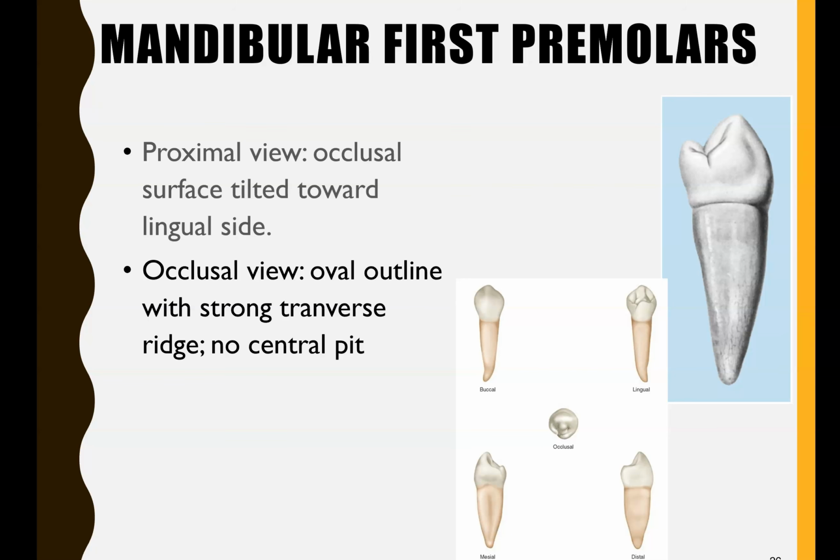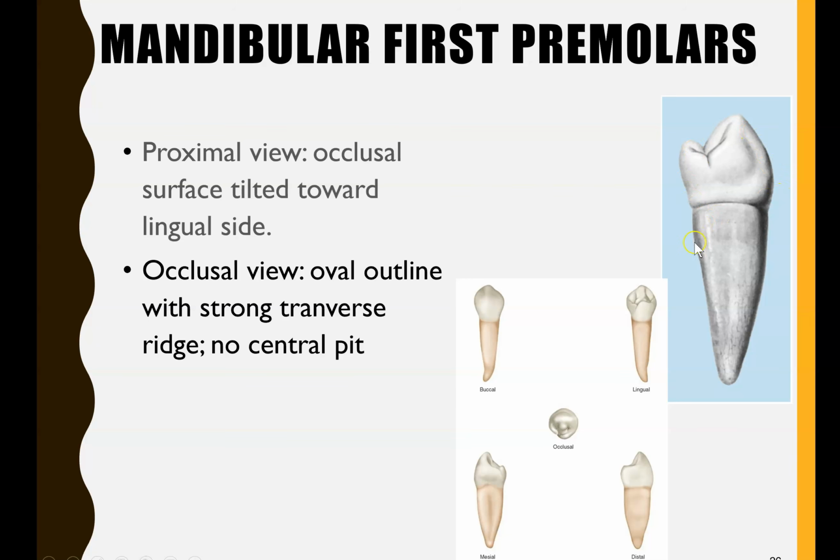When we look at the mandibular first premolar, so we're looking at the bottom now, we can see here that we have a higher buccal cusp and a lower lingual cusp. Another thing to note is that when you look at the buccal side, do you see how it rounds out, like it has a rounded shape over here? That roundedness is close to the cheek.